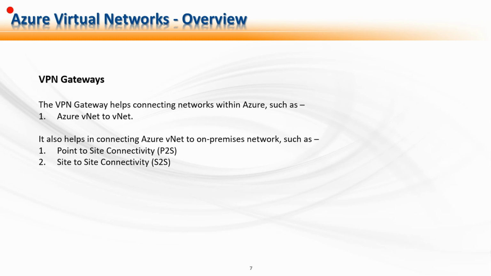One thing that should be kept in mind particularly is that whenever you are creating a VPN gateway, it is always created in a separate dedicated subnet, and it cannot be clubbed together with other resources within the existing subnets.